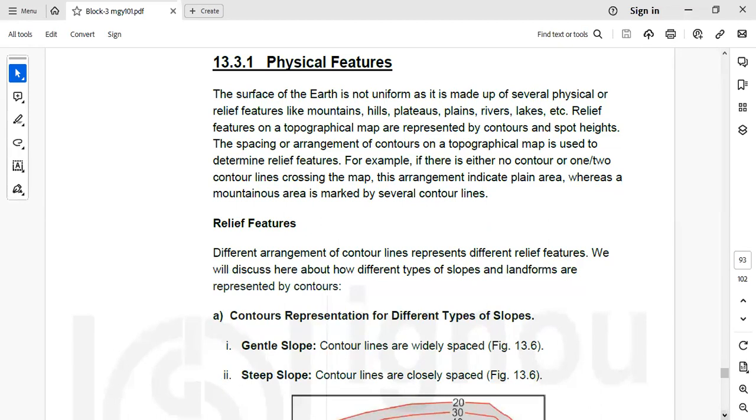So how can we extract the information on various types of slopes or landforms with the help of the contour lines? We know that different arrangements of the contour lines represent different relief features. How different types of slopes and landforms are represented by the contours, we will now study.